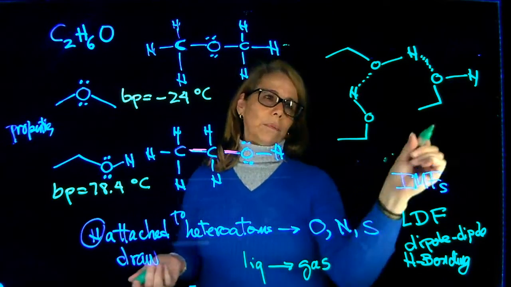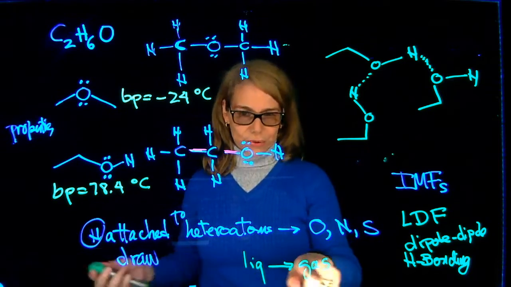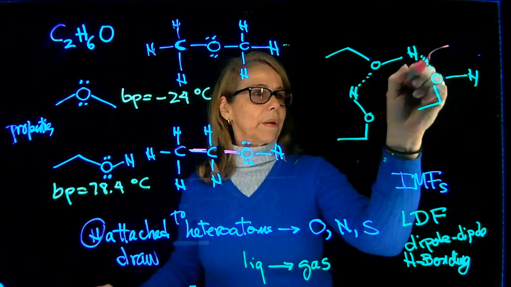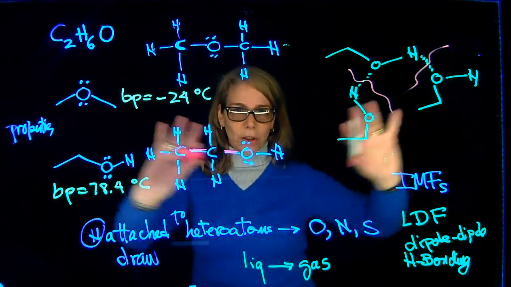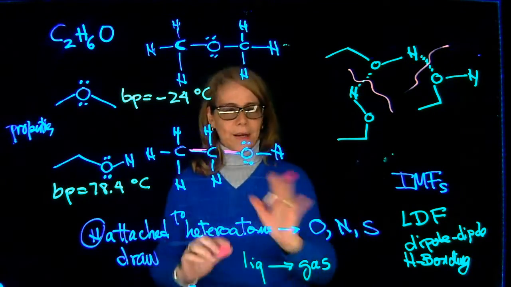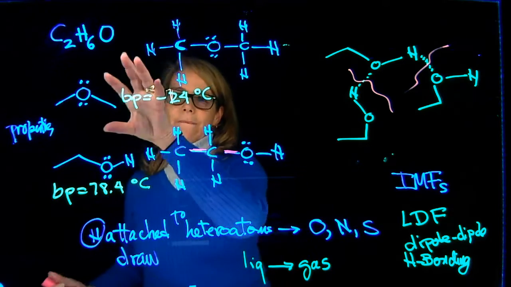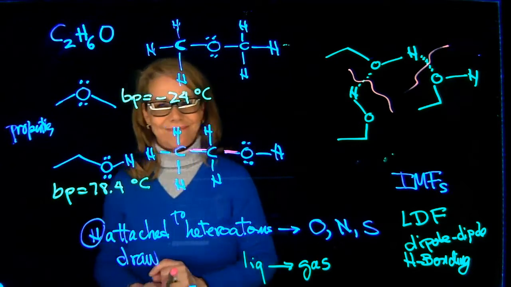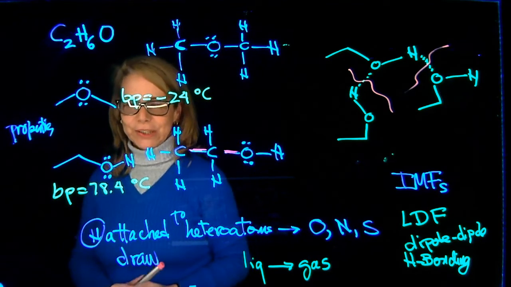So we have a network, and when we go from the liquid to the gas phase, we need to break those interactions, because remember that in the gas phase, molecules are farther apart. So again, structure has an impact on molecular properties. And we leave it here, and we will continue in the next video.